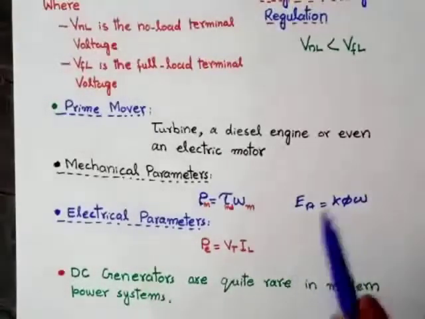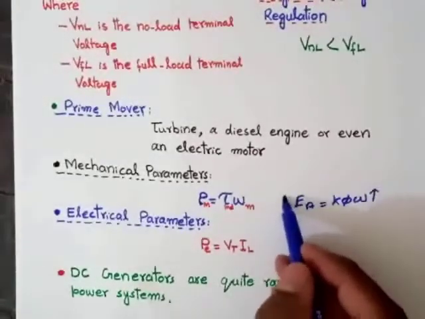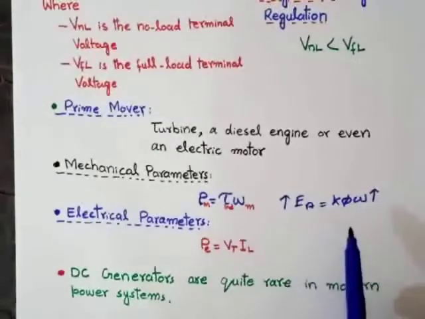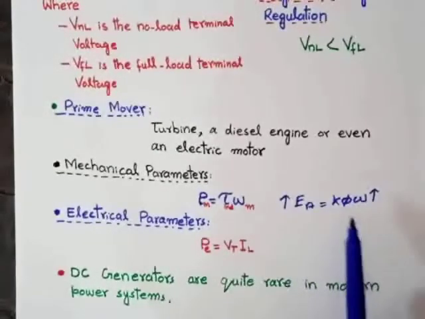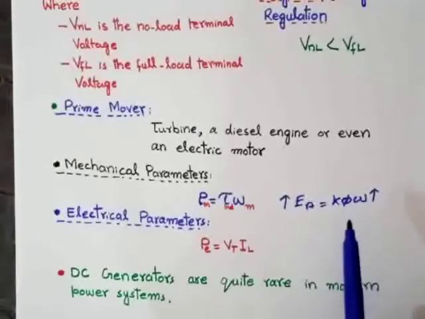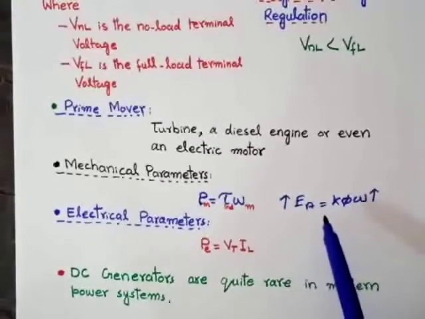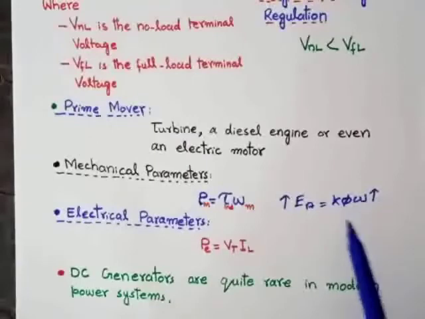So for comparison, we will assume speed is constant because we want to compare the different types of DC generator. In comparison, we will assume the speed of the DC generator is constant.